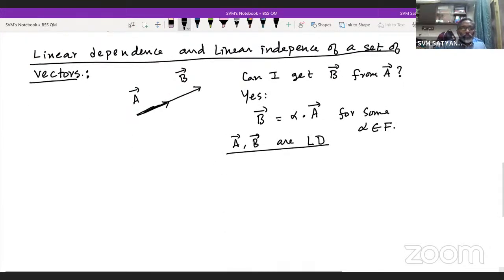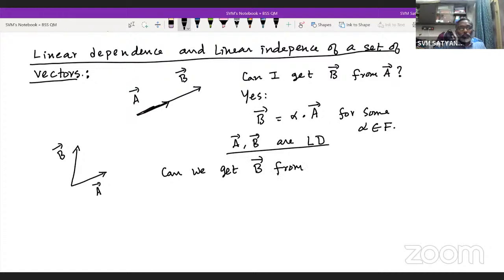Now let us look at another situation. I have a vector A, and let's say I have a vector B like this. It's not along the same direction. Now if I ask the same question, can we get B from A? The answer is no, because this is in a different direction.